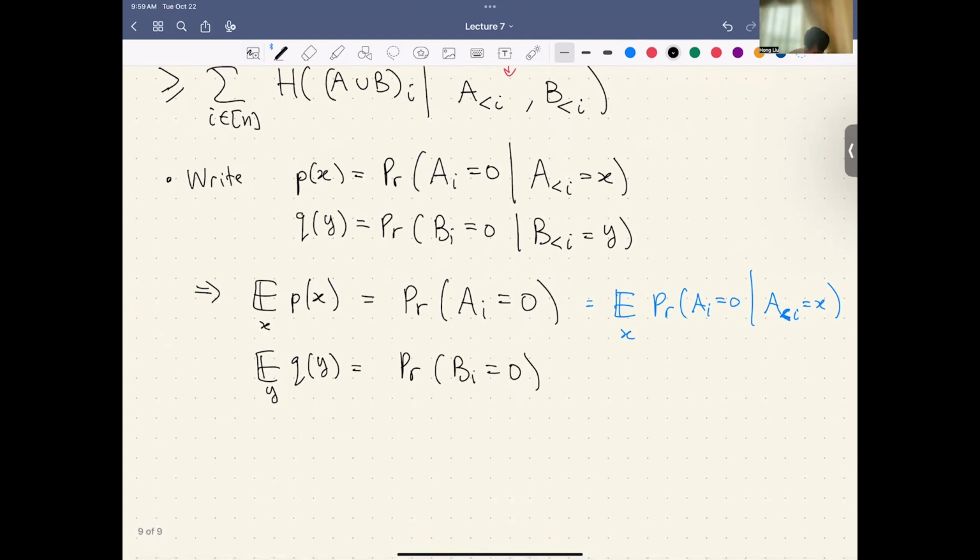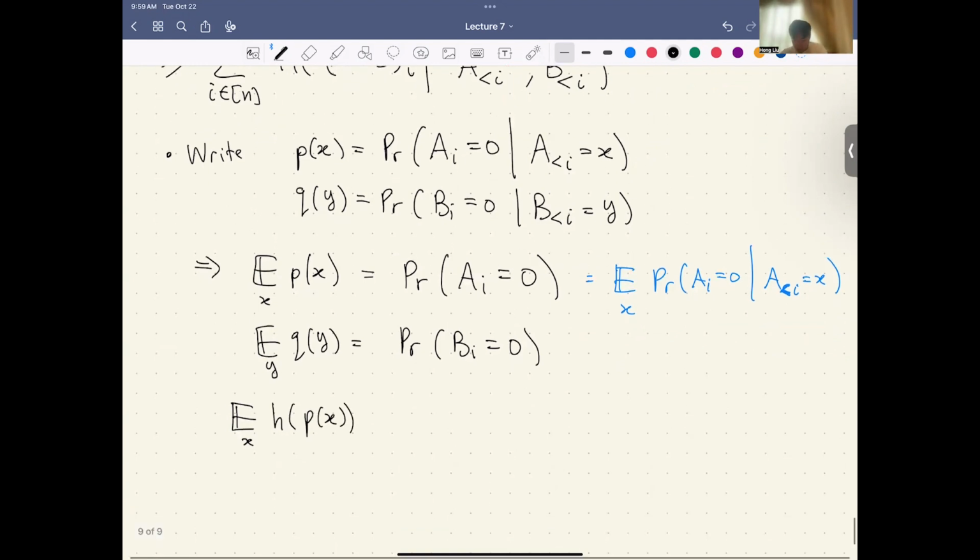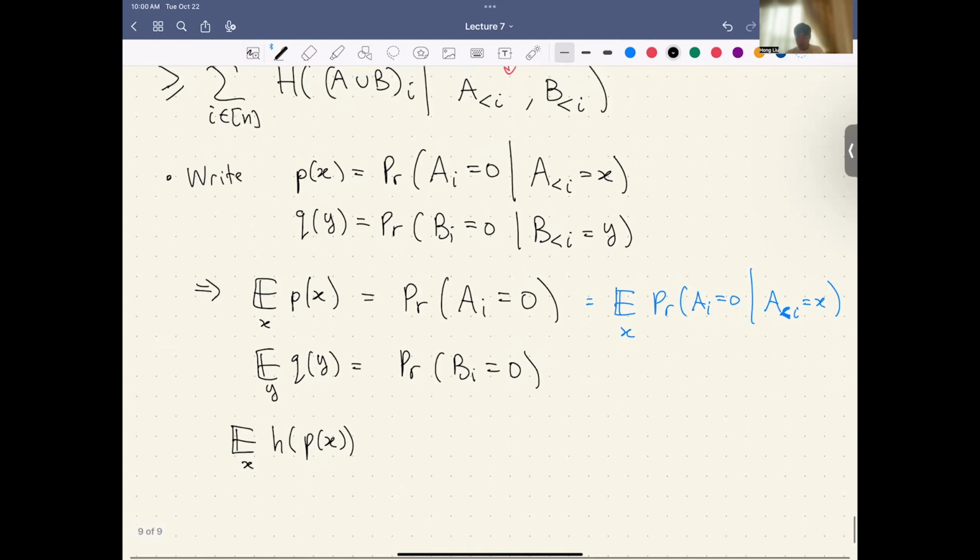Now let's look at what's this guy. Expectation over x of h of Px. All right. What is this? Let's write it.